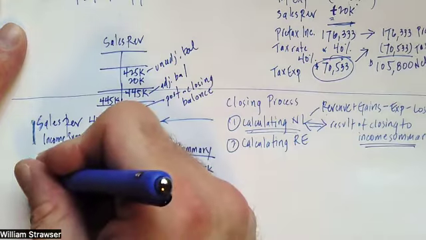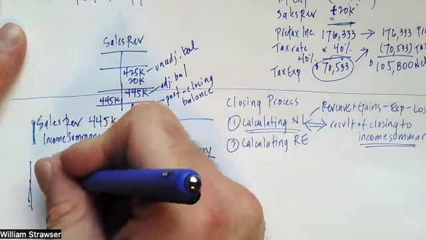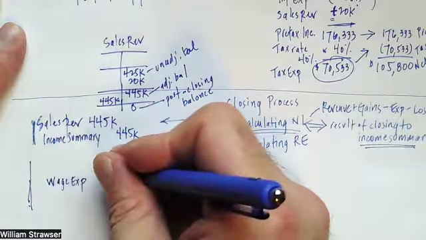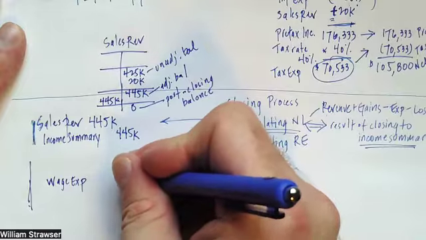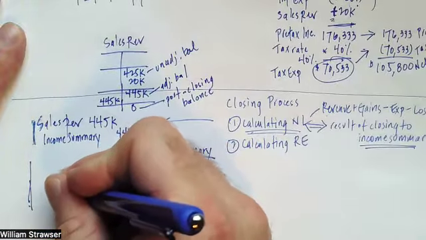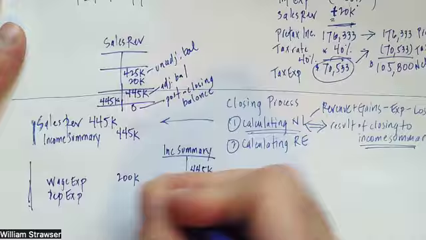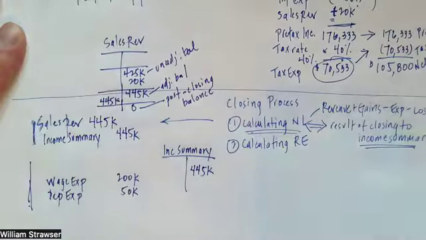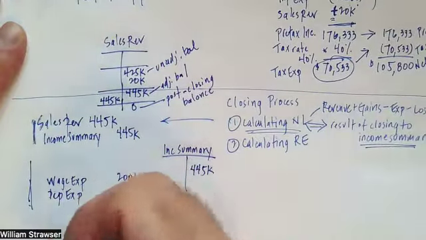So we have to close the wage expense. That was 200,000. We have to close depreciation expense, and that's 50,000, so that sounds like 450.